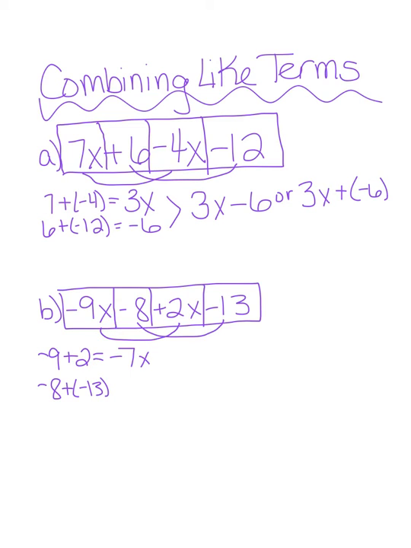And notice I have just two negatives here, so negative 8 plus negative 13 is negative 21. And I cannot combine these because I have one that has an x and one that does not. So my new simplified expression here is negative 7x minus 21.